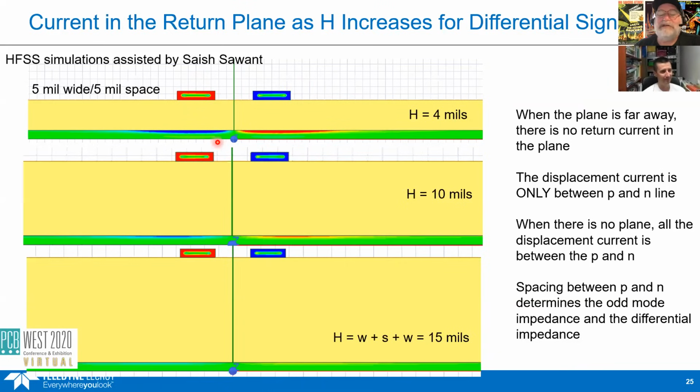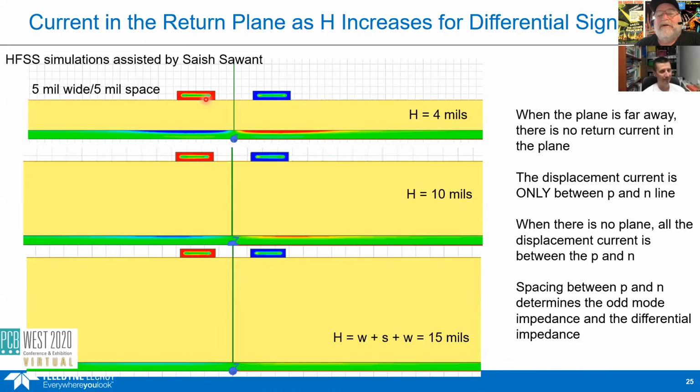And if you actually do the calculation, it's about 10% of the return currents are overlapping and cancel out. 90% of this guy's return current is in the plane, 90% is in the plane here. That says if we do anything to screw up that return path, so it's not under here, we're going to create an inductive discontinuity, and we will increase the impedance of the differential pair.